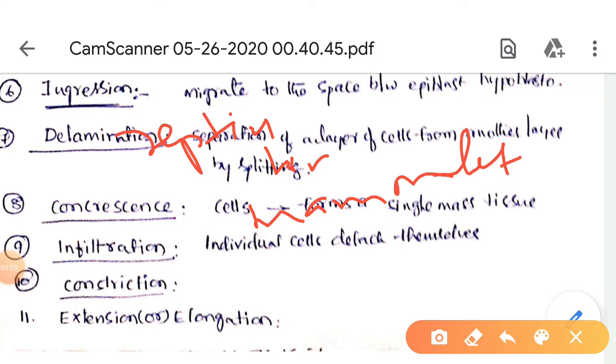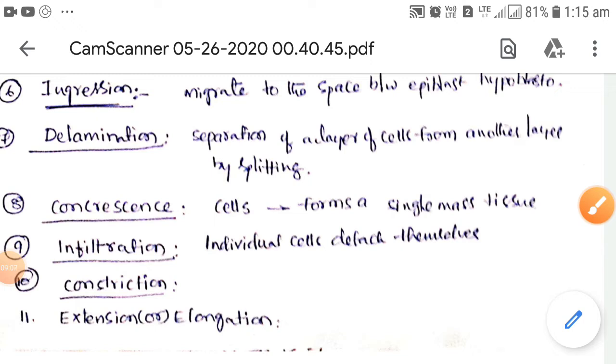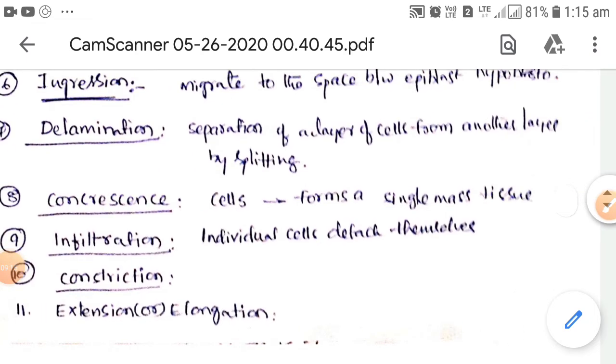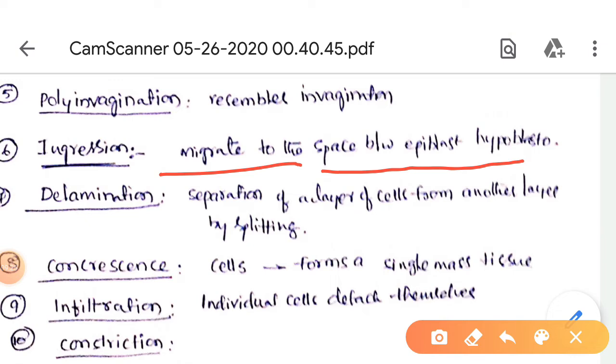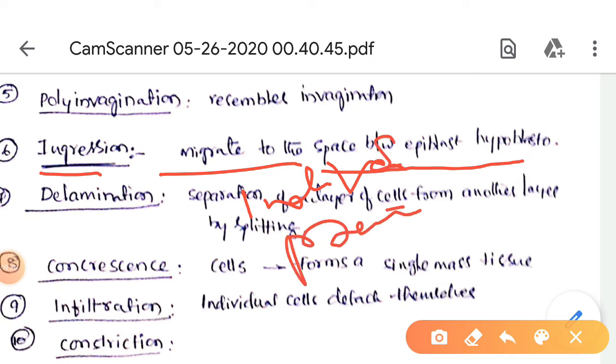During the ingression, individual cells or groups of cells separate from the primitive streak and migrate into the space between the epiblast and hypoblast. So ingression means individual cells or groups of cells separate from the primitive streak and migrate into the space between the epiblast and the hypoblast. It is called ingression.